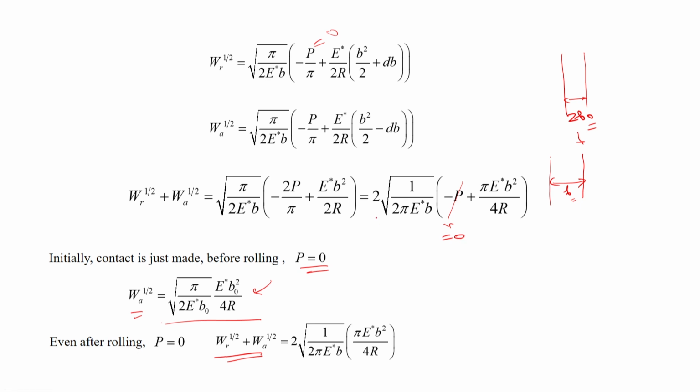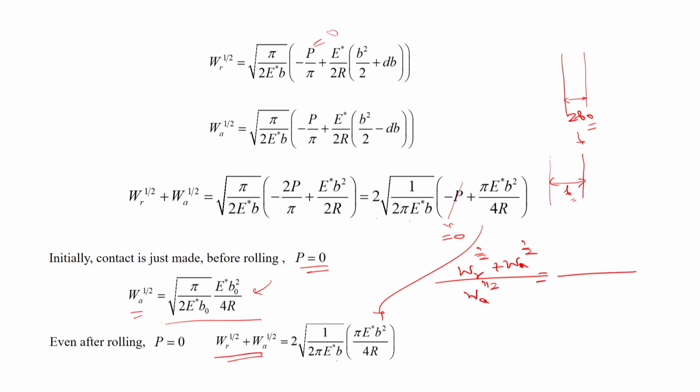So, therefore, I have 2 and the square root of 2 pi E star b, and pi E star b square by 4 r from here. And so, therefore, I can now divide this square root of W r plus square root of W A, divided by the square root of W A. So, what do I get?